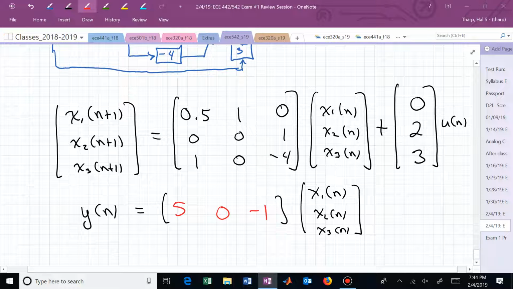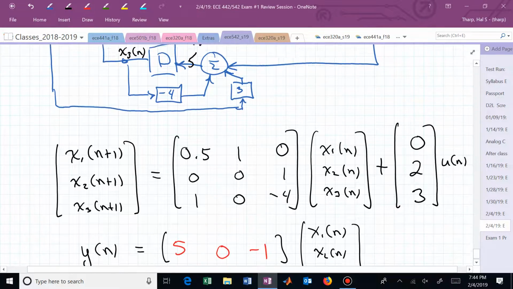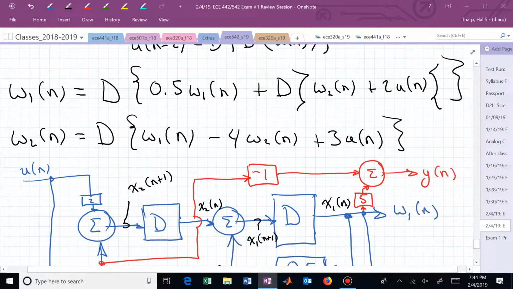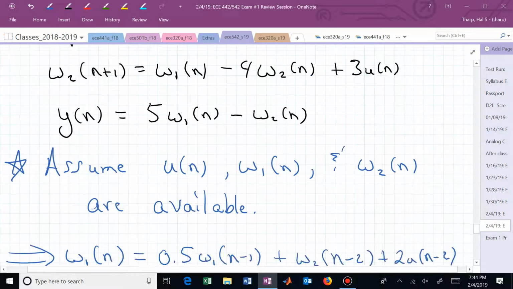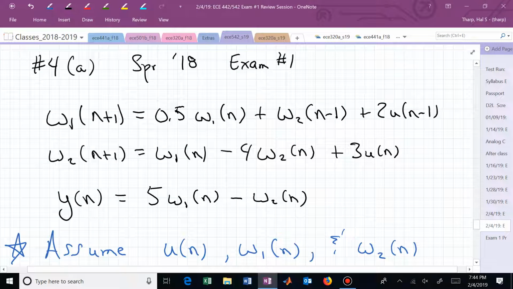Is that okay? And that's now a way to create a state space representation from a coupled set of difference equations.